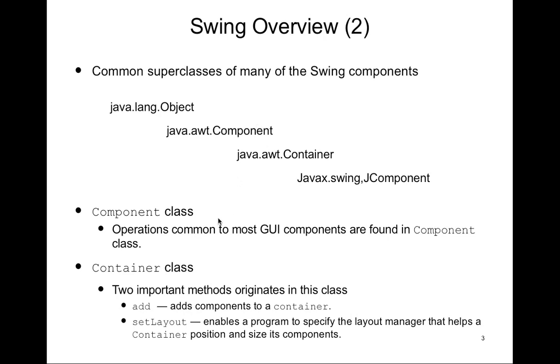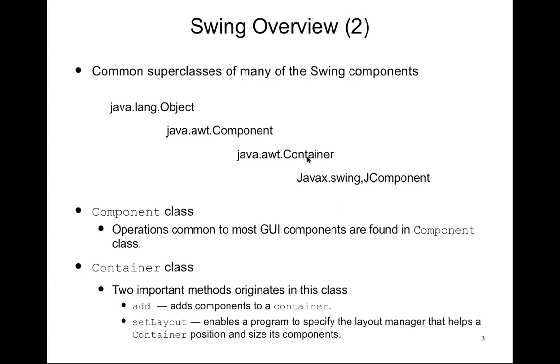But here's a brief definition, and I'll go through half of the PowerPoint, then I'll switch to the programming examples. The Component class has the operations common to most GUI components. That's this class here. Container, one step up. See, components are easy to understand. It's all those JLabels, JTextFields. Those are all the components. The Container, there's two important methods that originated in this particular level.